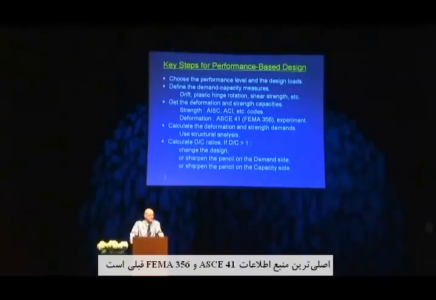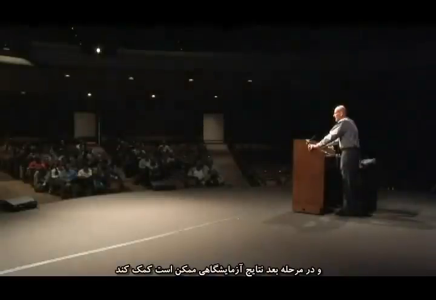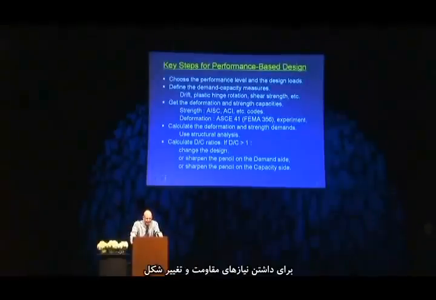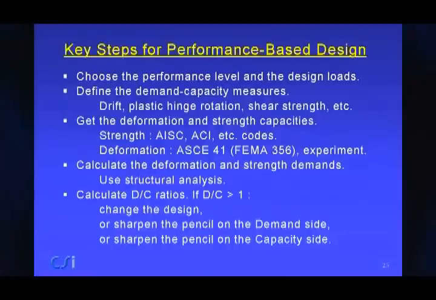The major source of information is ASCE 41, previously FEMA 356, and secondly would be experimental results. Having done that, you calculate the deformation and strength demands. This requires nonlinear structural analysis. And you calculate the demand-capacity ratios. If they're larger than 1, you either change the design, sharpen the pencil on the demand side to calculate the demands more precisely, or sharpen the pencil on the capacity side, and maybe your capacities were a little more conservative and you can stretch the limit a little.